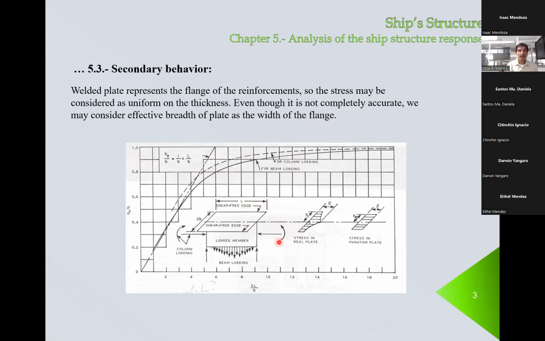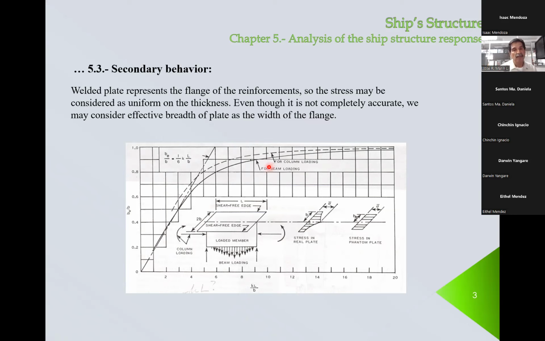So what you have to do is calculate the inertia and calculate the critical stress of the longitudinals. And for that, you have to add the effective width. So in that case, you use effective width.